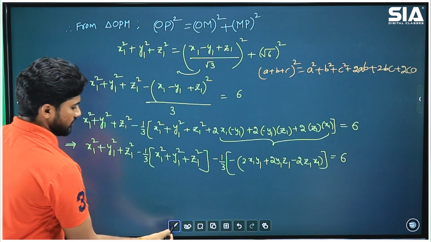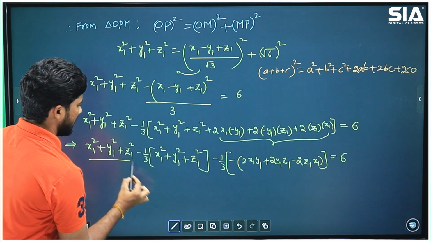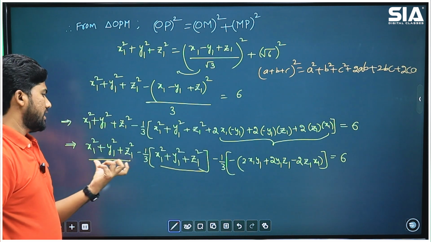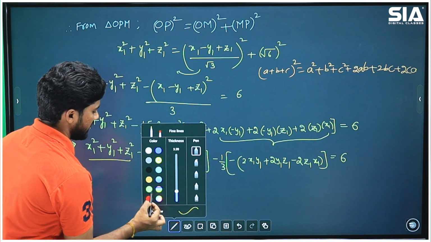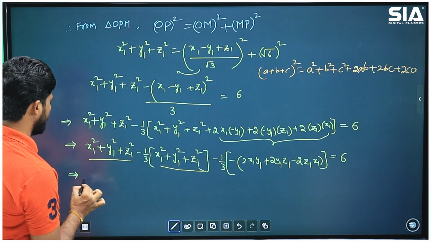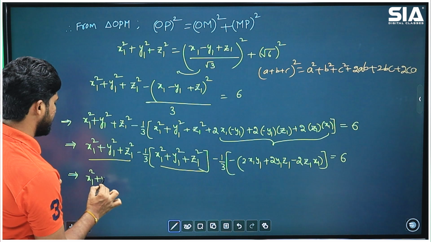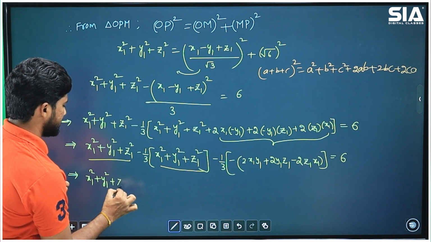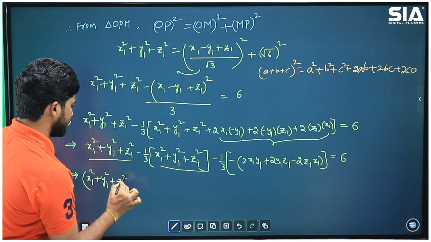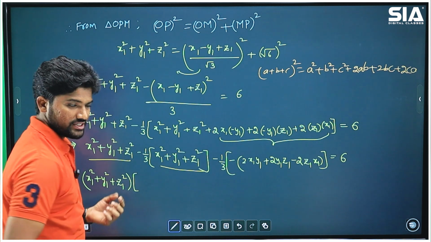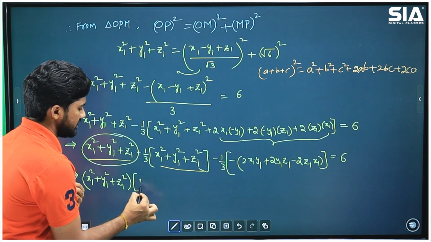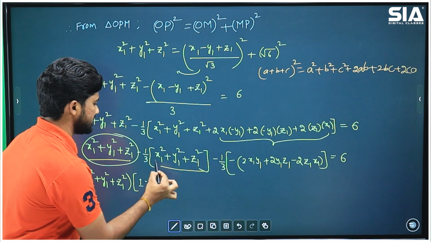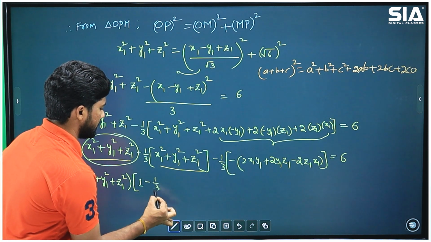Now from the first two values, I am taking x1 squared plus y1 squared plus z1 squared common. So in place of this value, 1 will be there, and from the second value, minus 1 by 3.